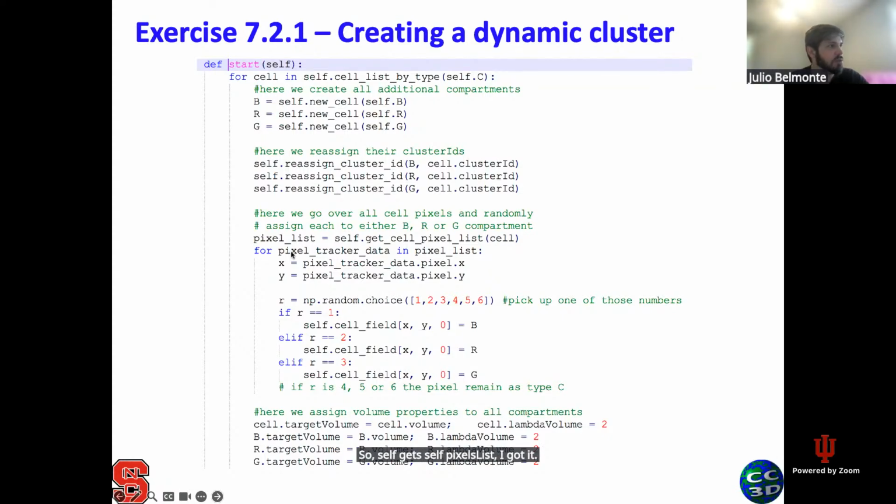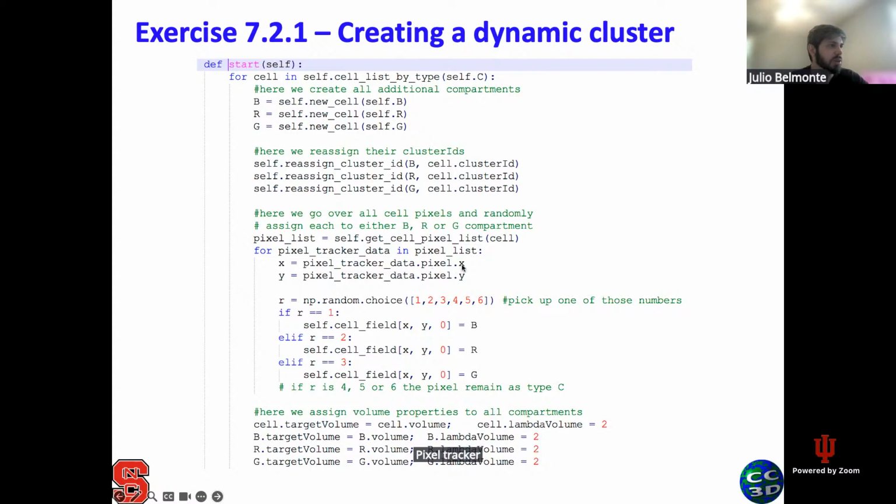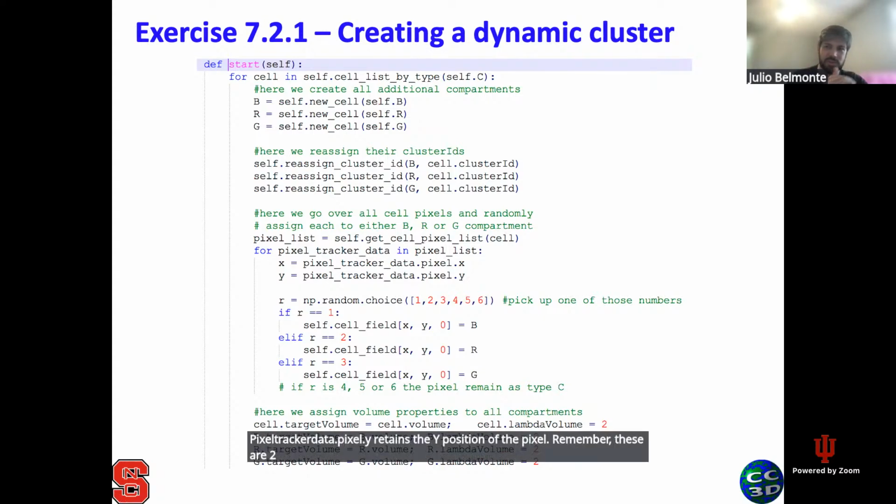And then I go over all the pixels inside it, doing this loop. And then I get the X and Y coordinates of each one of those pixels by using this command here. Pixel tracker data dot pixel dot X gives the X position of the pixel, and pixel tracker data dot pixel dot Y gives the Y position of the pixel. Remember, these are 2D simulations, so I don't have to worry about the Z.